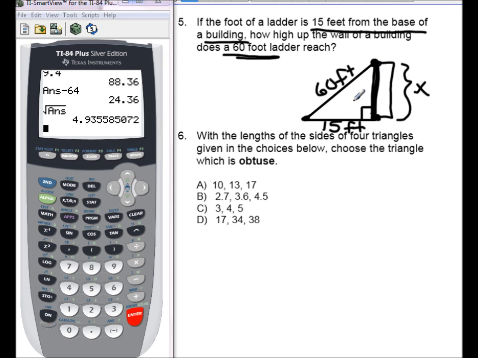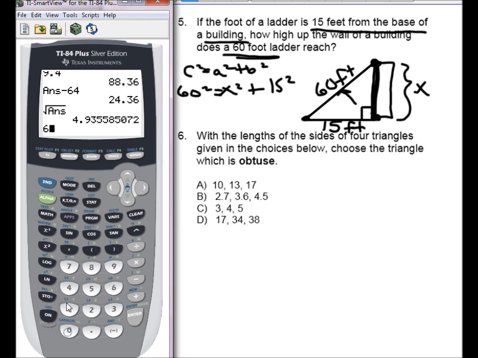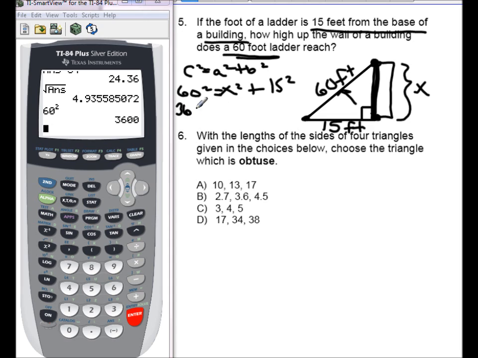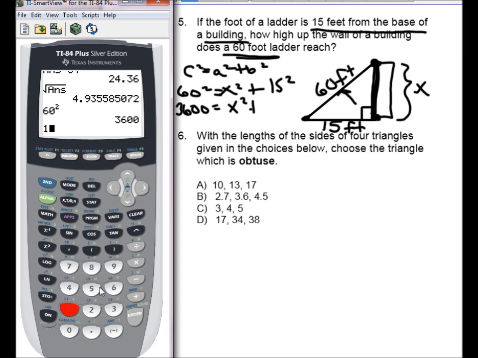So once again, we have two sides looking for the third. We use Pythagorean theorem. C squared equals A squared plus B squared, where C is 60 and we square it because it's opposite the right angle, it has to be C, equals A squared, I'm going to call x my A, plus B squared, which I'm going to call 15. 60 squared should be 3600, which equals x squared plus 15 squared. 15 squared is 225.